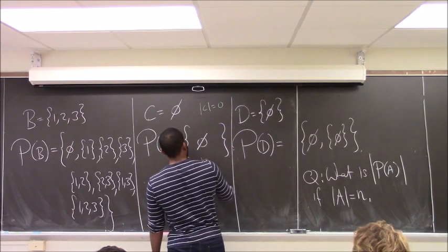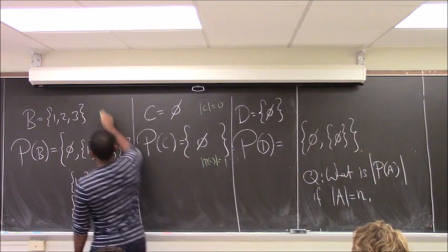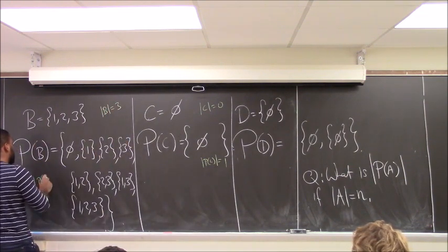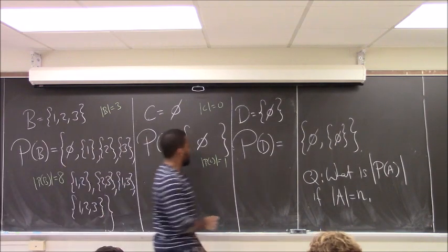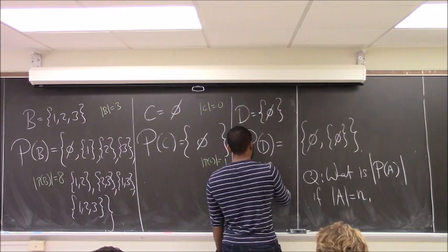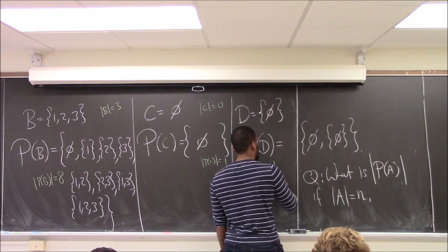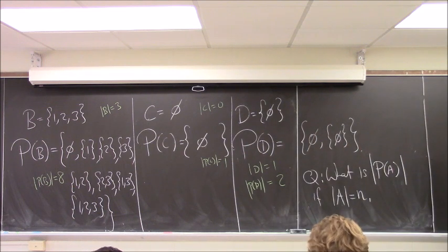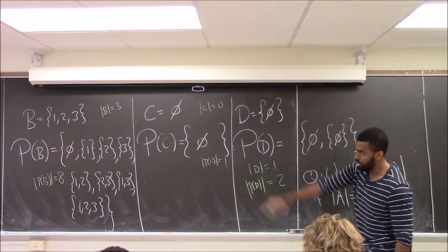The size of the power set of C is 1. Here the size of B is 3. The size of the power set of B is 8. Here the size of D is 1. The size of the power set of D is 2. Whatever formula you come up with has to match all of those. If you square it and subtract 1, it only matches that one.